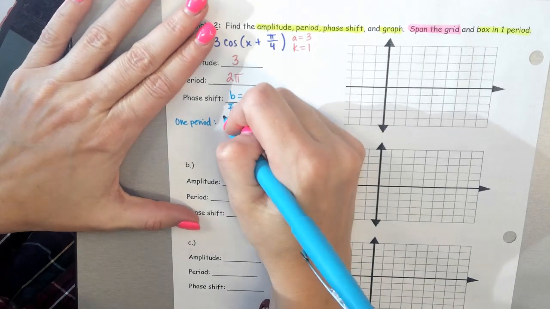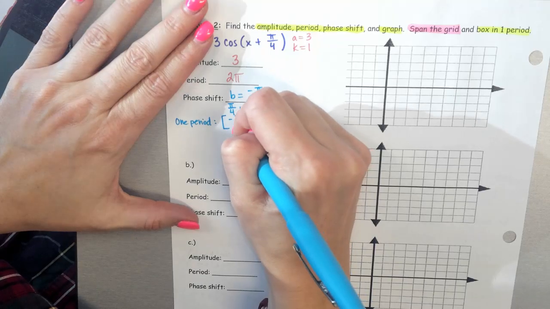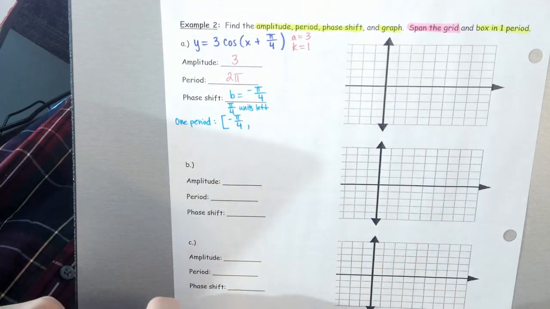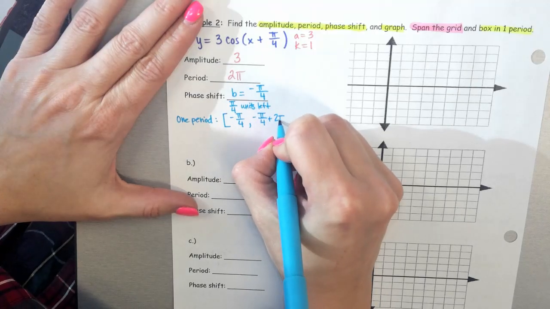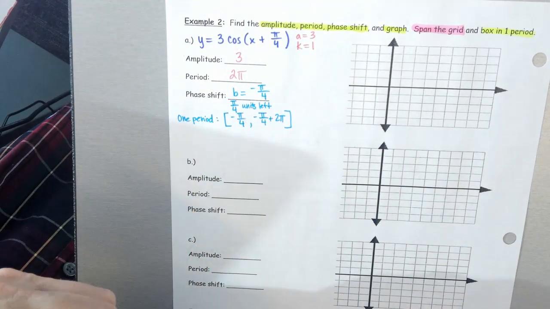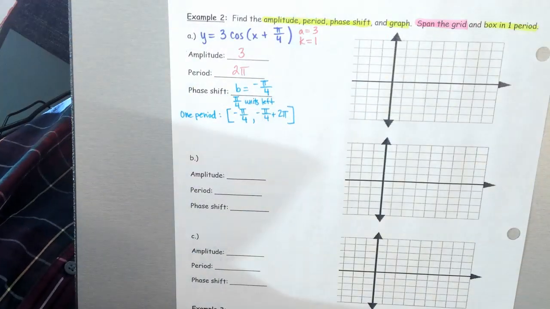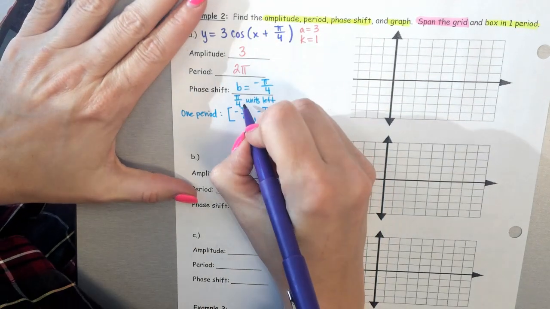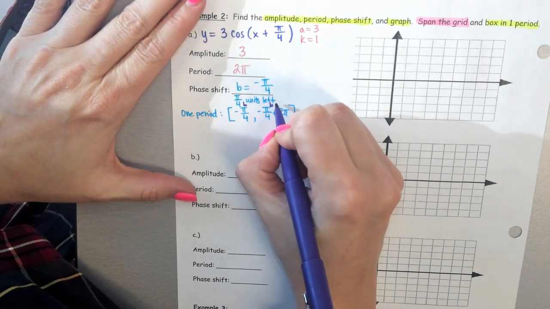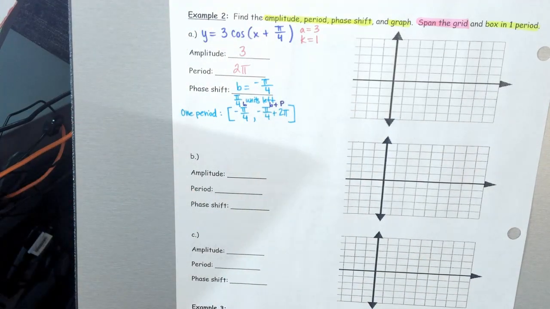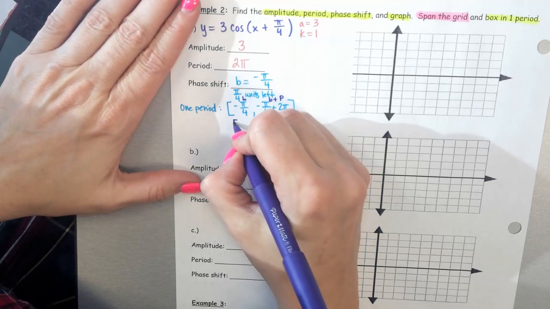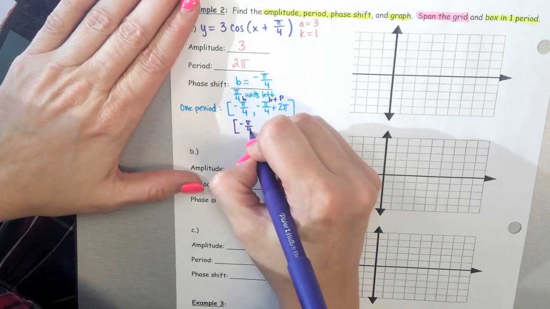So if your b value is negative pi over 4, then you have negative pi over 4 plus 2 pi, and we are going to simplify. It's always b and then b plus the period.